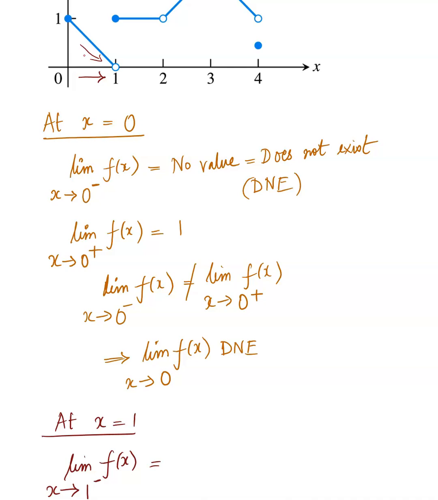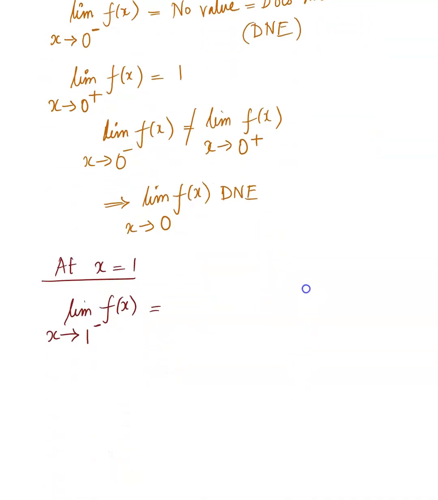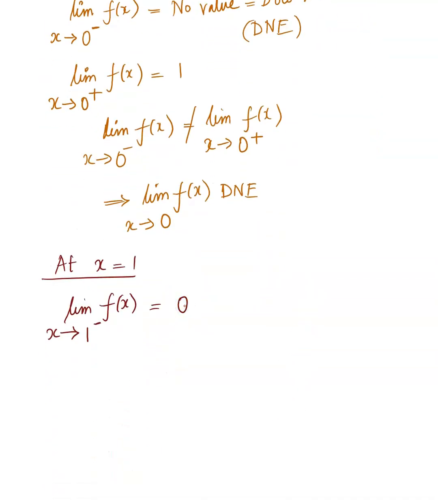Again, please bear in mind that at 0, the function itself is not defined. But that's not our worry. We've seen in limits that we're not worried about the function at this point. When we talk about limits, we're just worried about the value it gets closer and closer to. Well, at 1, it is not defined. But if we get very close to 1 from the left, we see that it actually approaches 0. So we got that.